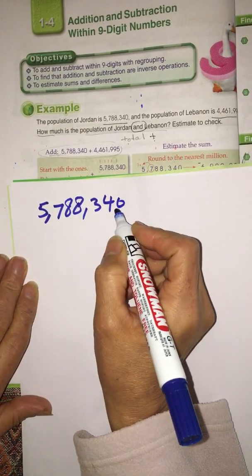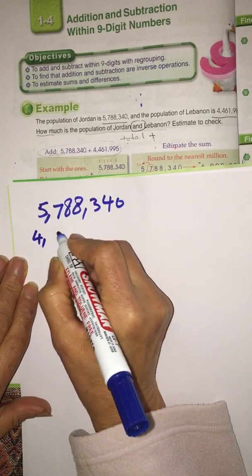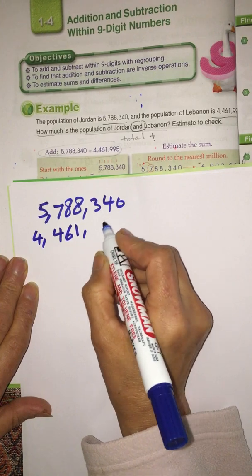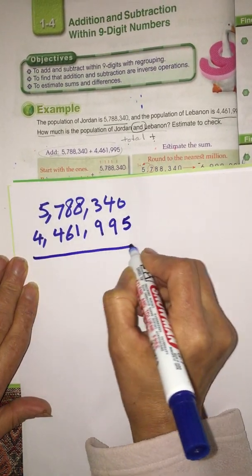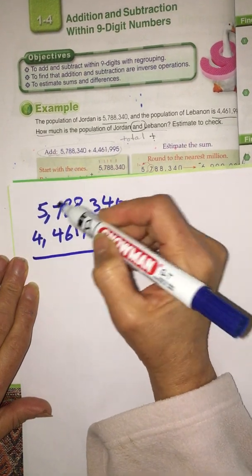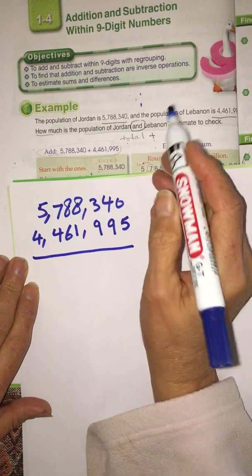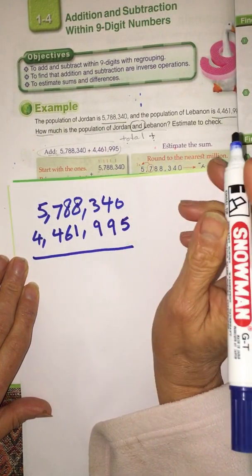The population of Lebanon is 4,461,995. Okay, if you notice, the question was written horizontal, I wrote it vertical. Vertical يعني عمودي, horizontal يعني أفقي. Look how I align the digits under each other, so it will be easy for me to add.